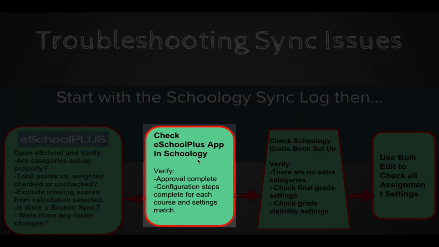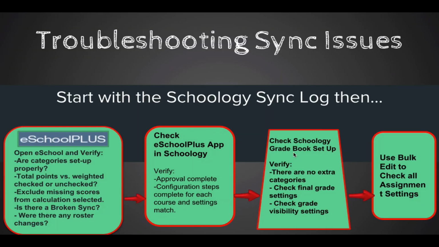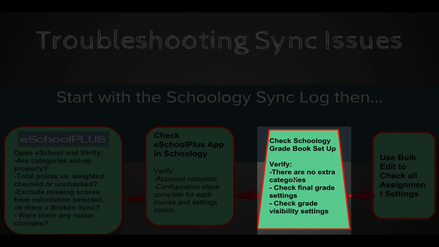Make sure that you check your eSchool app if you have problems. Did you actually set it up? You have to approve it when you set it up. You have to configure things, and you need to map those categories out. Then you want to check your Schoology gradebook setup. Make sure there are no extra categories. Check those final grade settings.